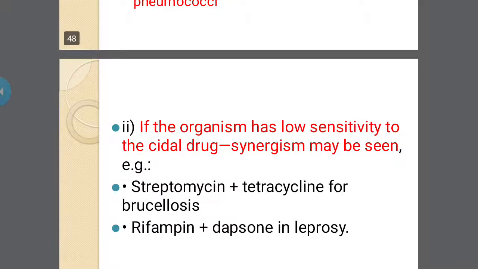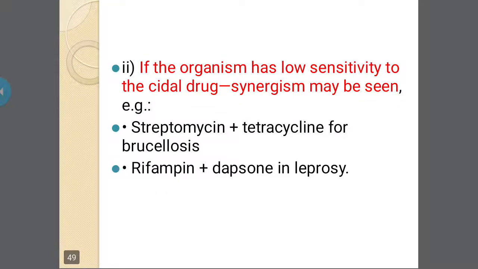So here, the bacteria is mainly sensitive to static drug. That's why static drug needs to be given, but cidal drug here will increase the effect of the static drug, because cidal drug will decrease the bacterial population, and static drug will act predominantly on the lesser number of the population, and there will be synergistic effect.